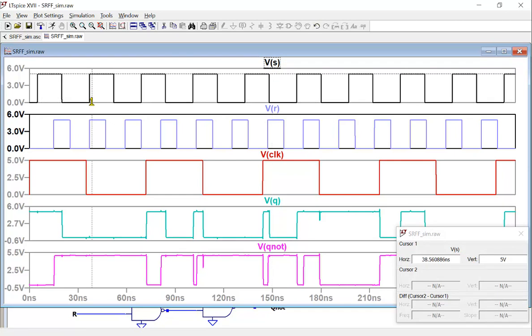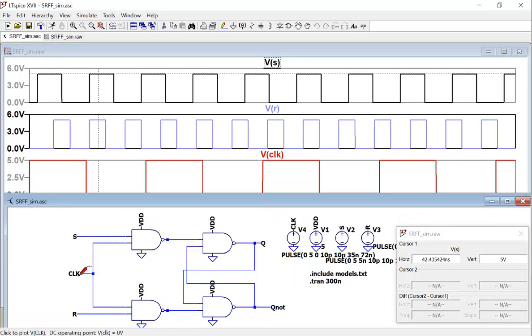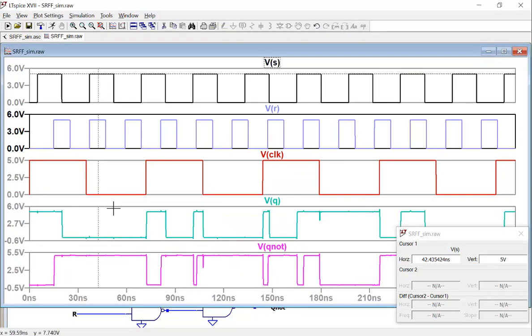So when clock 0, but looking at the third row first, right? So when clock 0, what's going to happen? If clock 0, you're getting 1, 1 here, right? So 1, 1 is the memory. Now let's see, if clock becomes 0, Q and Q naught are memorizing the previous state.